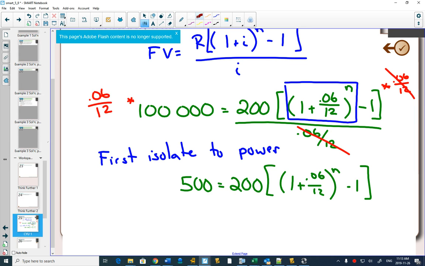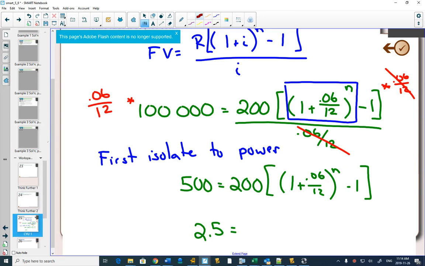Again, I haven't got the power by itself yet. What could I do next to simplify the right-hand side? Divide both sides by 200. So dividing both sides by 200, 500 divided by 200 reduces to 5 over 2, or even better, type it into your calculator and get 2.5.